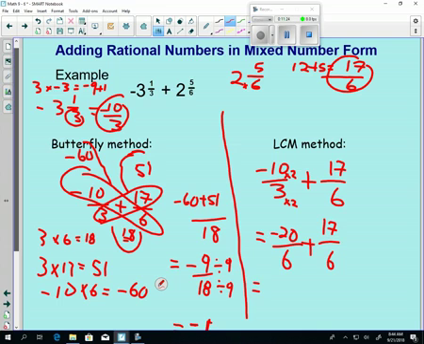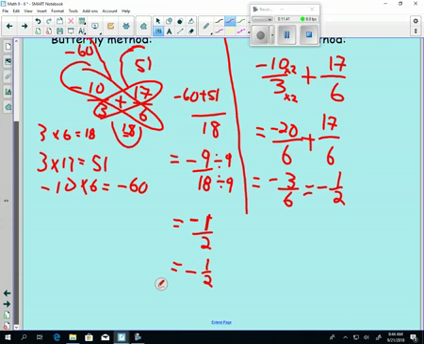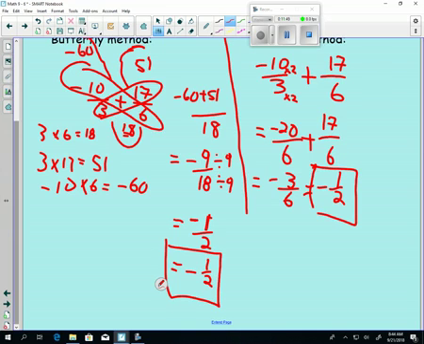So minus 20 plus 17 is going to be minus 3 over 6, and if we reduce that, divide 3 into both, minus 1/2. The same that we got with the butterfly method and LCM.